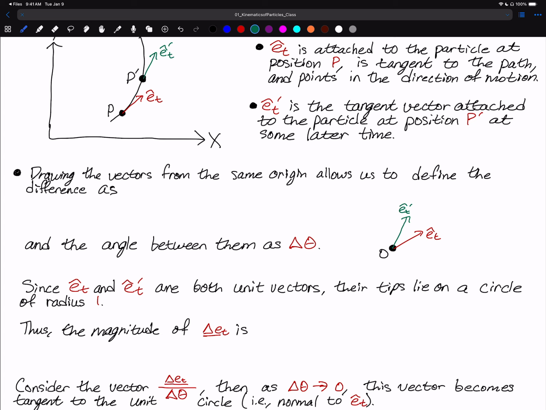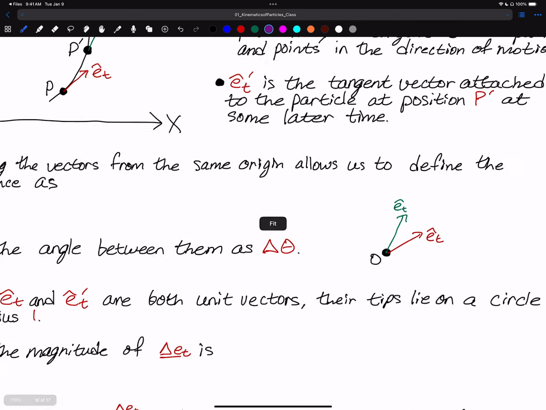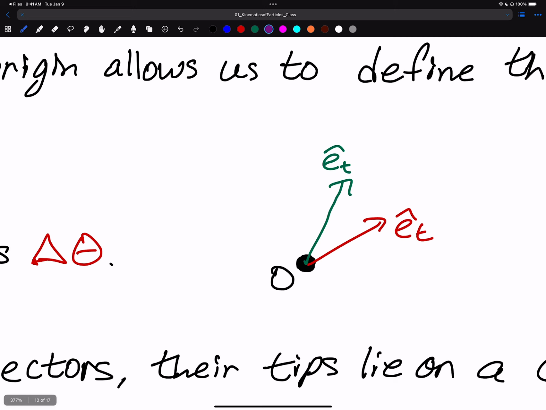This allows us now to define the difference between these two unit vectors, which I'm going to draw here in purple. We're going to call this difference delta E T, and it's still a vector. In this case, it's not a unit vector, so it doesn't get a hat.